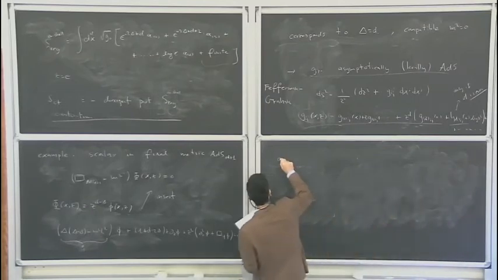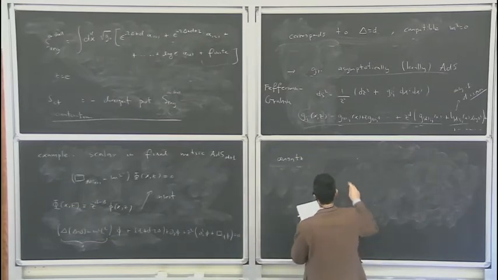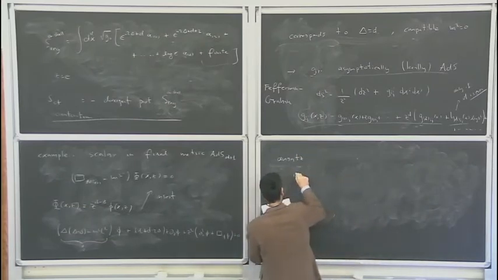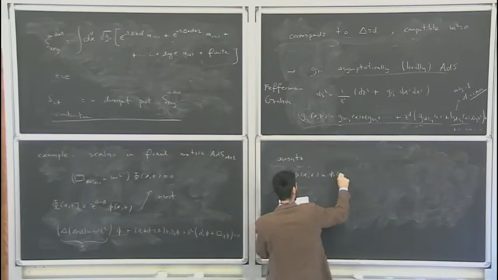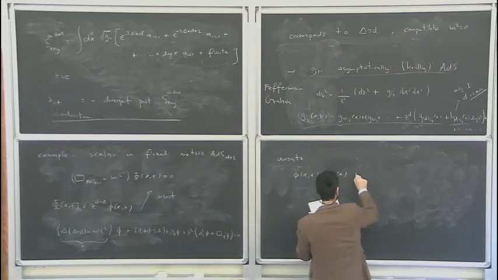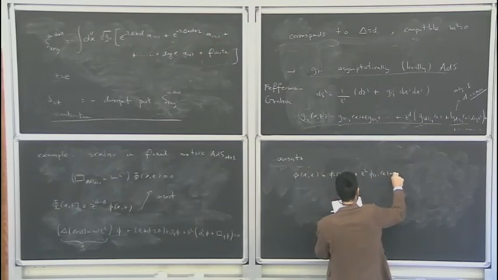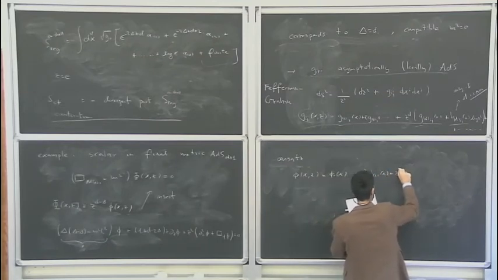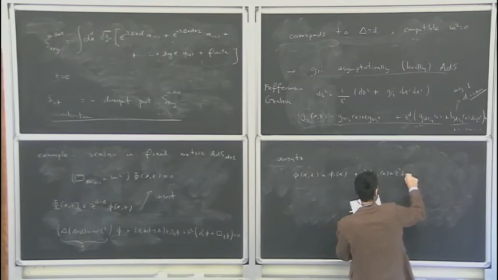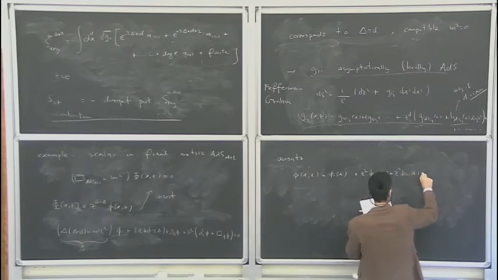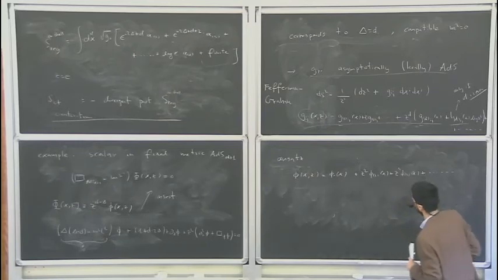So the ansatz now is, well, with some experience by now we can guess this. Phi 0 of x plus z square phi 2 of x plus z to the 4 phi 4 of x plus dot dot dot.